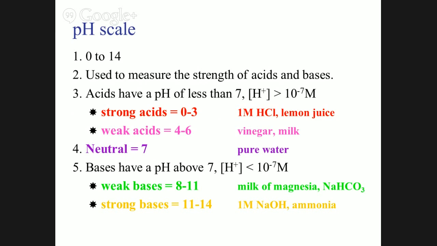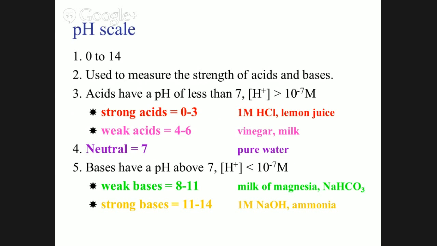And then you have some examples here of items that could be considered strong acids. Lemon juice, it would be highly concentrated juice, obviously, not like lemonade. And of course, adding water, diluting the acid, making it weaker. Vinegar and milk are weak acids.